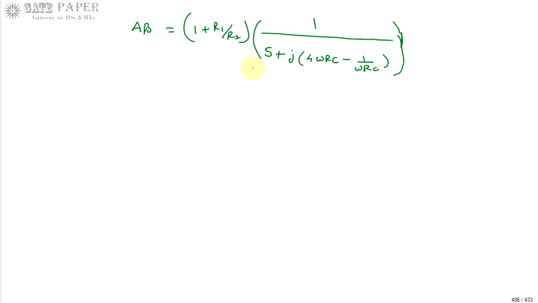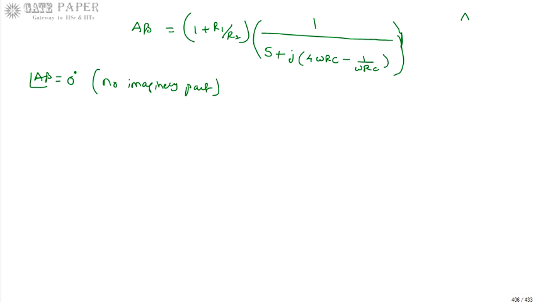Now it consists of imaginary and real parts. The first one is from the phase criteria. What we know is that the phase criteria is A beta equal to 0 degrees or 360 degrees. 0 degrees or 360 degrees means there is no imaginary part. Whenever the equation doesn't contain a j term, we can say the phase angle is 0 degrees.